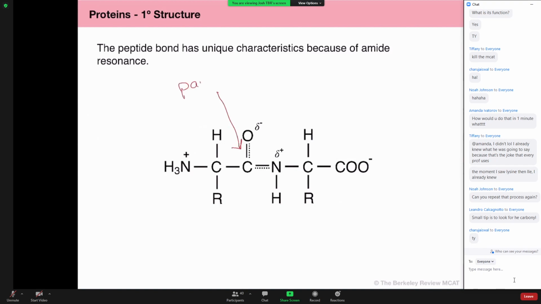this partial single bond characteristics, right? Which makes the bond longer.